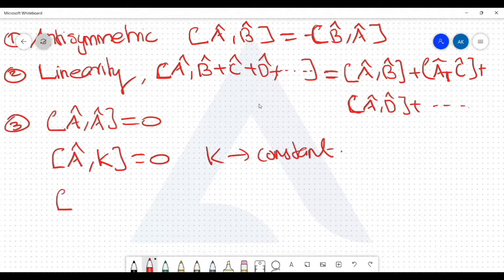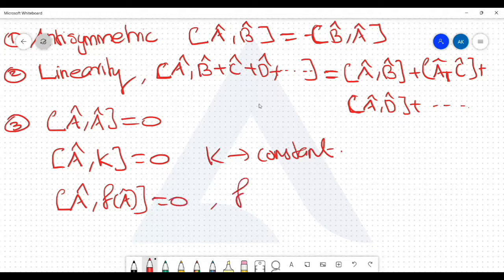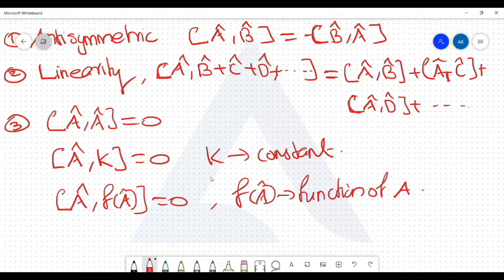Then every operator commutes with a function of its own, where f of A is a function of A. Every operator commutes with its own function.